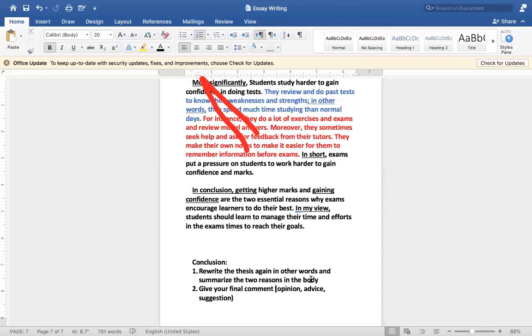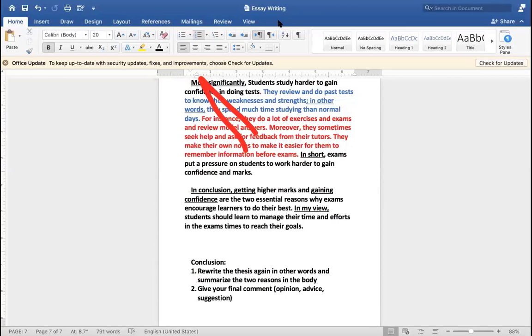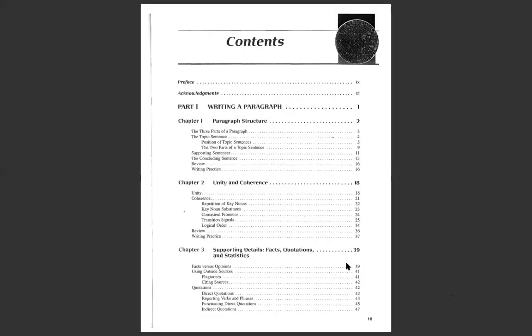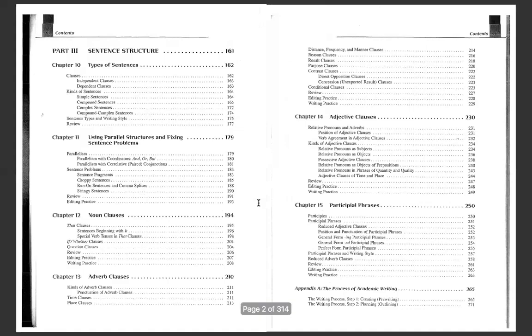Page 300 is about what? Let me see if it's opening. It's loading only, so I cannot. Yeah, now it's opening. Yeah, page 300, please. Let me get page 300.